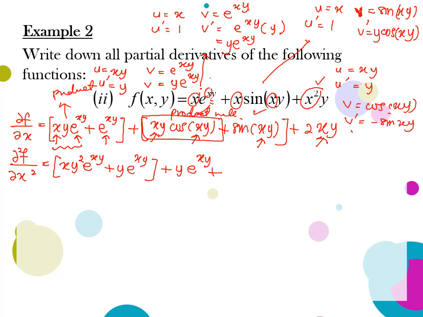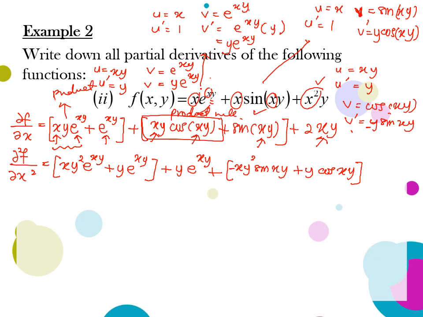Differentiate xy, you get y, so negative y. So for the third term there, you will get negative xy squared sine xy plus y cos xy.